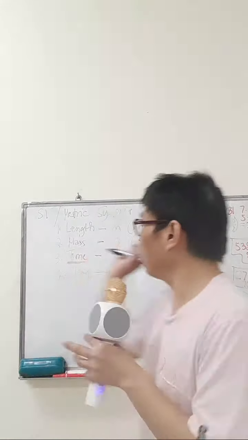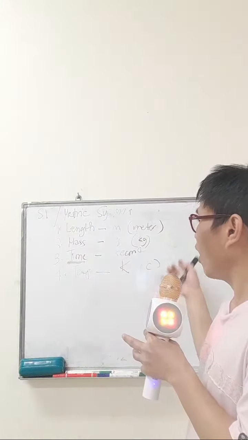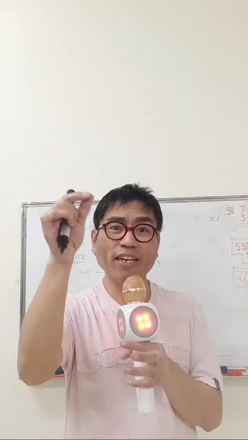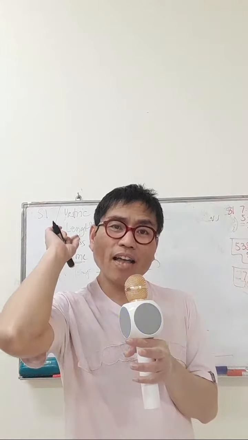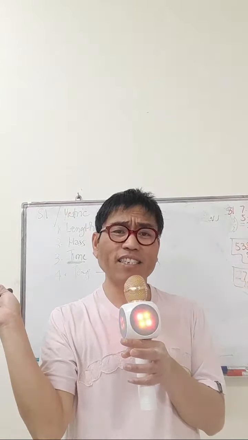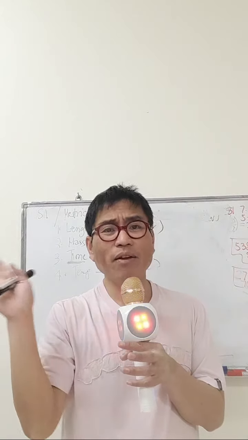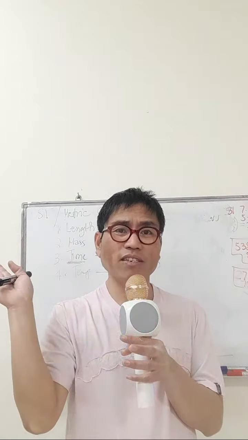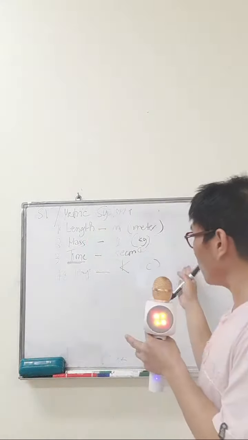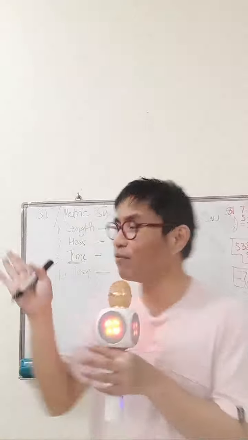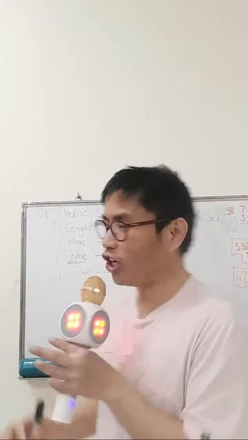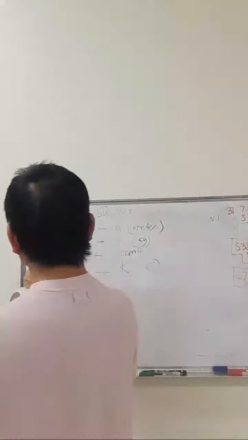For example, which of the following are the metric system units of temperature? And in the choices there's Kelvin and Celsius also. Then answer the two. You get the point? But never answer the Fahrenheit, the Rankine, because that is not metric system. You get the point? But if there's no Celsius, your answer will be Kelvin. If there's no Kelvin, your answer will be Celsius. Okay? Okay. For the pressure.